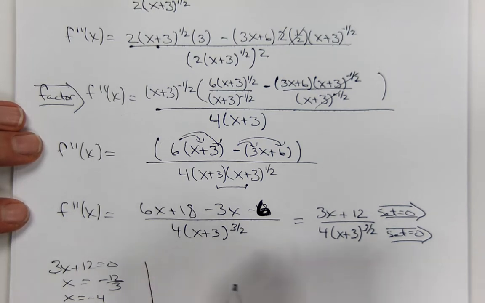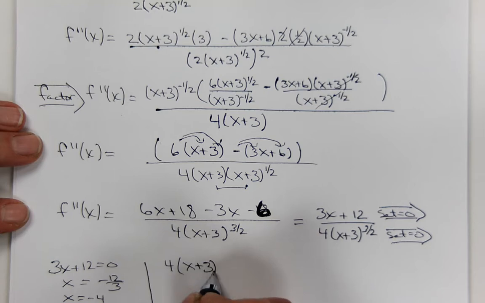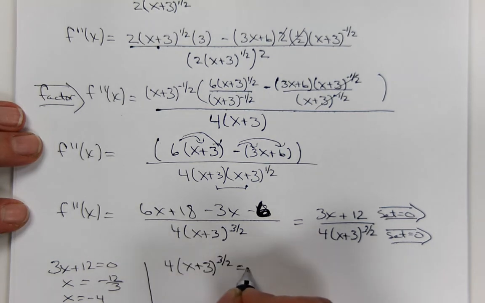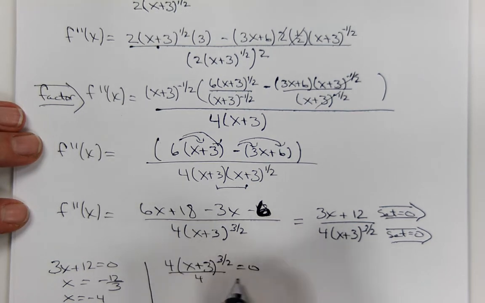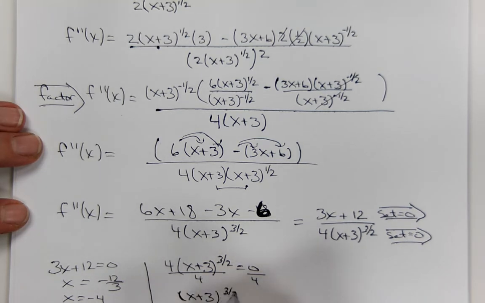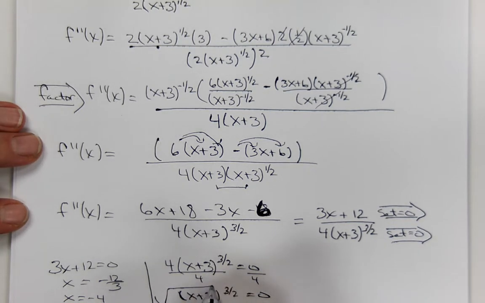And then the other one, we have 4, the denominator, times x plus 3 to the 3 halves equals 0. Divide by 4. X plus 3 to the 3 halves equals 0. You can really raise it to the 2/3 power, so that would be the cubed root squared.